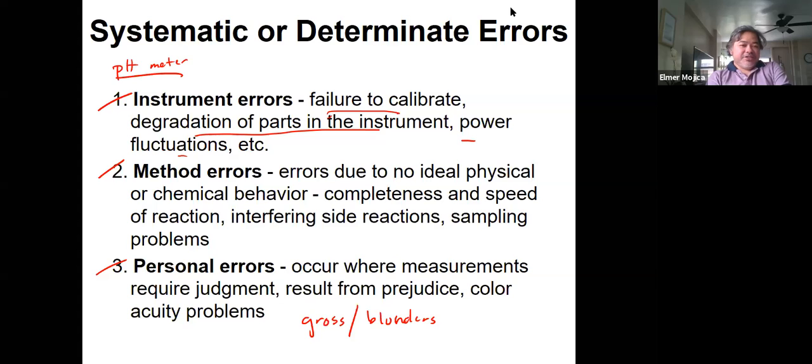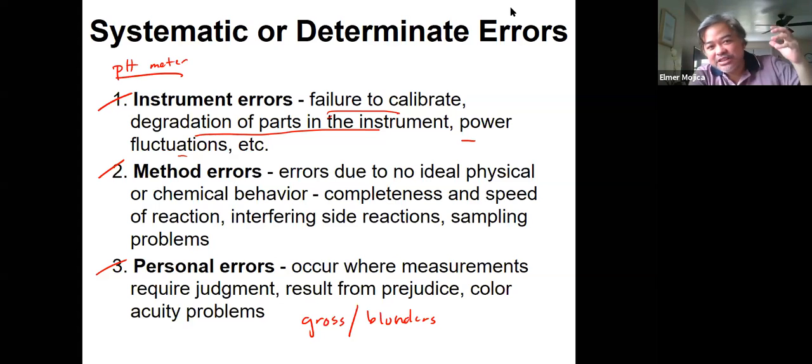Okay? Because if you don't calibrate it, your pH may be too high or too low to the real pH. So if you don't calibrate it and you just want to get the relative pH, that would be fine.